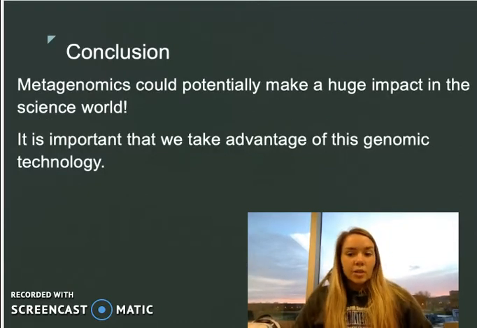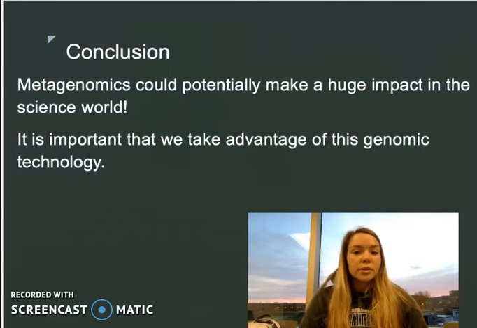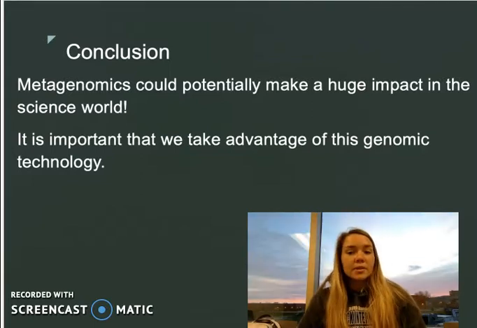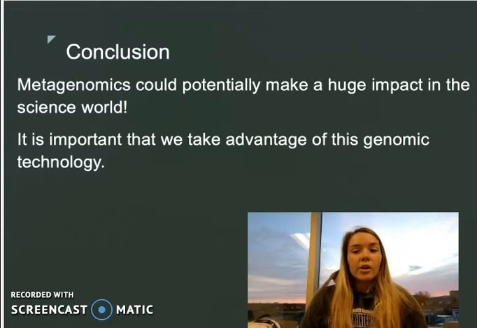I'm going to make an assumption that because we are all in this genetics class, you will someday have a career that will involve science, whether it be in a lab, a doctor's office, or in the outdoors. Metagenomics is a growing field, and there is a very good chance that at some point our work will include metagenomic testing. Metagenomics has the potential to advance many biological understandings for both ecological biology and cellular biology.